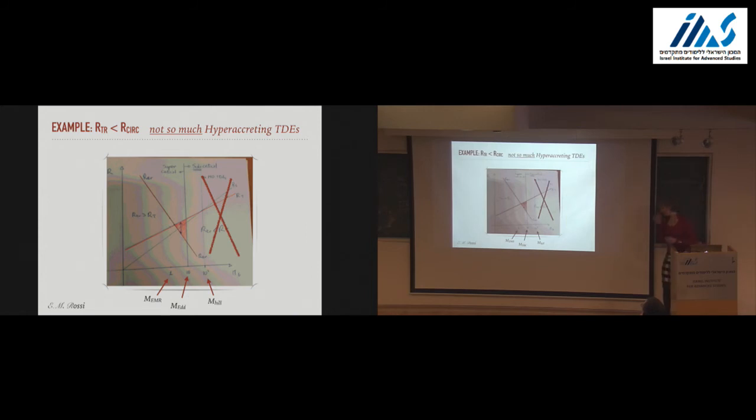So Tal Alexander told me that he was in Princeton working on a paper on stellar dynamics in galactic nuclei, and he was using the result from the Bahcall-Wolf paper.